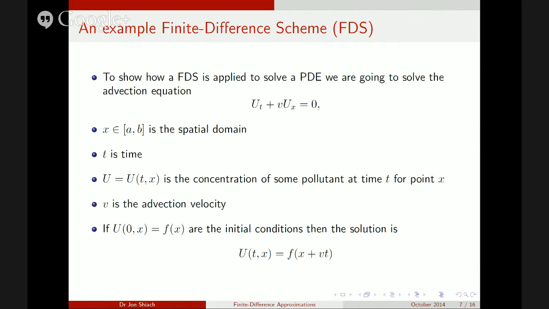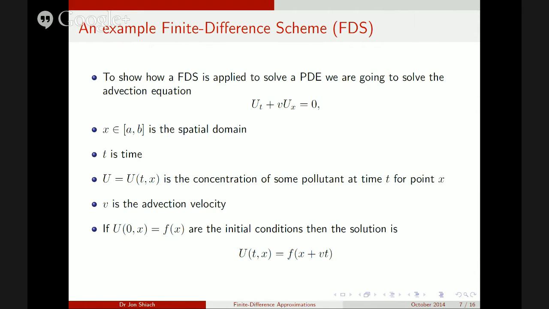That's unusual for PDEs, but we have an exact solution. The exact solution is the function of x plus velocity times t. In other words, it's moved some distance down the channel. Remember, velocity times time gives you distance. So we know there is some solution to this equation, and that's the equation we're going to solve.